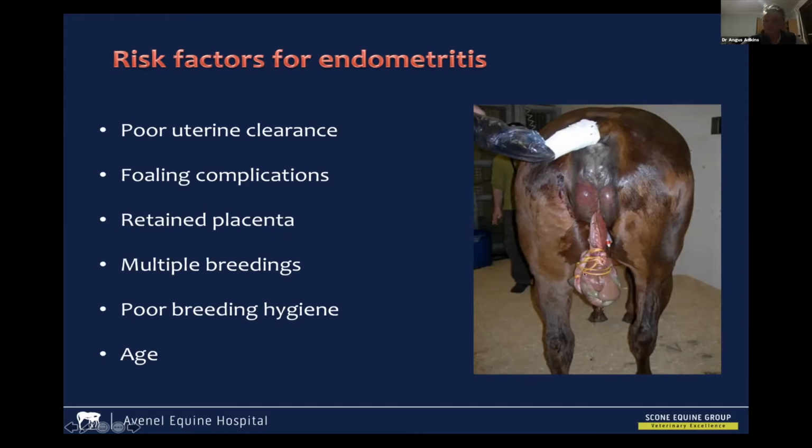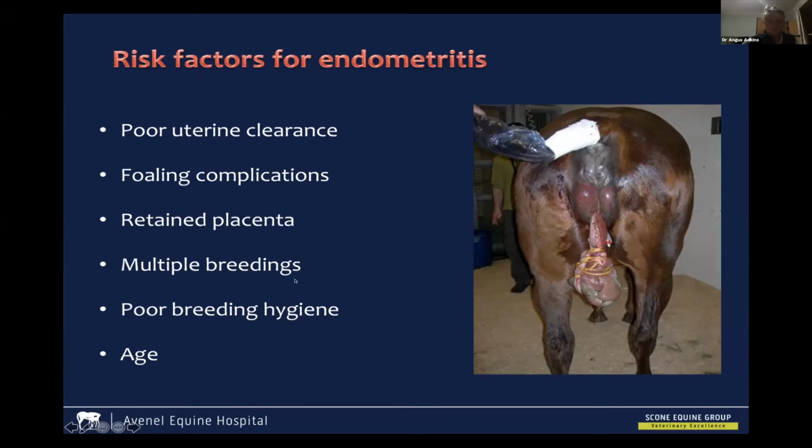If we have retained fetal membranes, inevitably there'll be inflammation that sets up in the uterus. If this isn't managed swiftly, that can then progress to secondary infections and more chronic changes. Multiple breedings at mating has increased risk for endometritis.